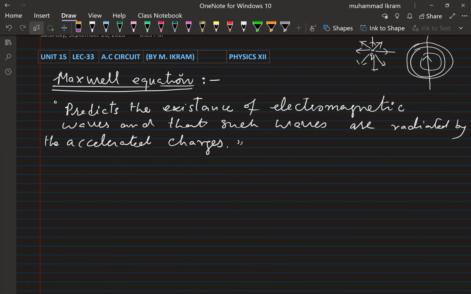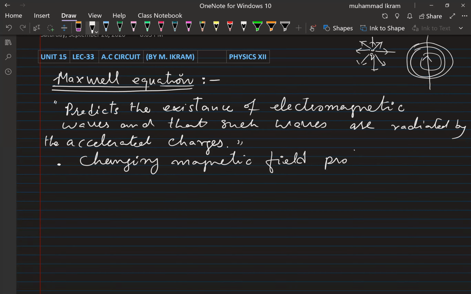Here we are just doing two important things for this reason. In the Maxwell equation, we will find out that the changing magnetic field produces an electric field.